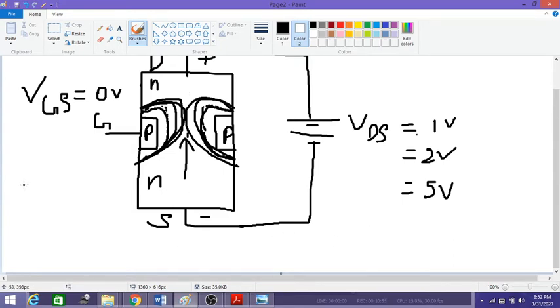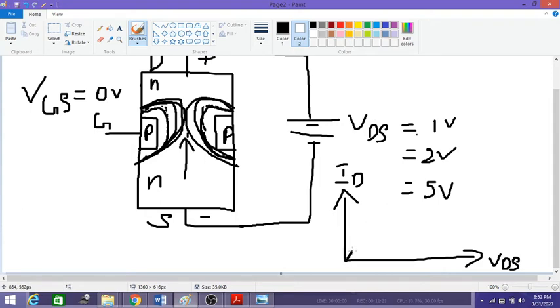So let me write a short graph here, as there is no place to write it here. So this is your VDS curve, x-axis is your VDS and y-axis is ID. As we start the VDS at 0 volts, there is no flow of current. At 1 volt there is some current flowing. As we increase VDS, current also increases, ID also increases.